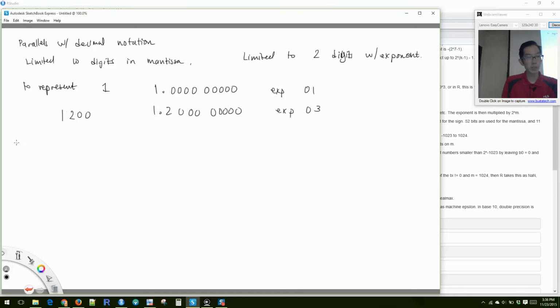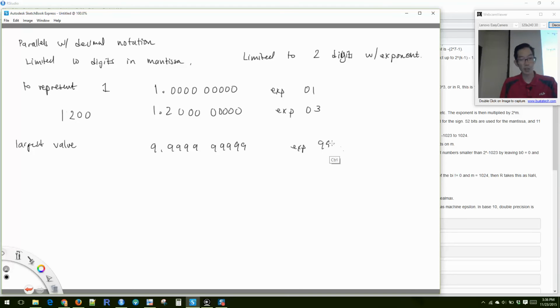What is the largest value that can be represented? It would be 9.999999999 with exponent 99.